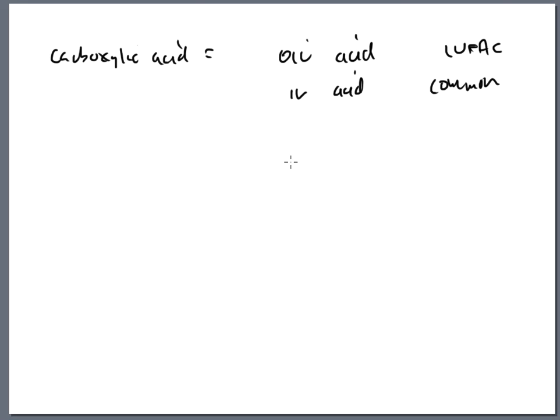That we've taken care of. Check, check. The next one is the acyl halides. And as the name suggests, acyl, YL. So it's oyl and then the halogen name. So I'm just going to put halide there: chloride, bromide, fluoride, iodide. And then for the common name, it's YL with the halide name attached.